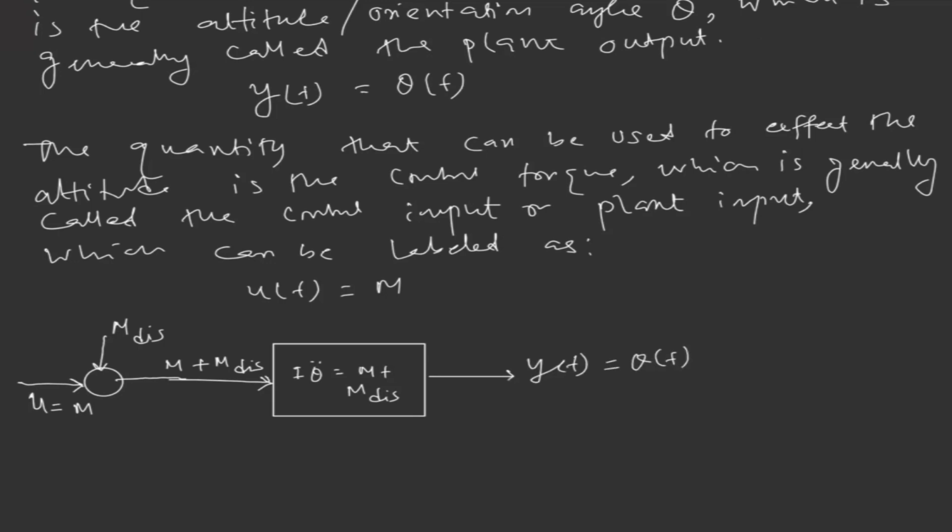So this is how we can design in block diagram form. Now we have to design a controller u, which will regulate the system and help us maintain our desired attitude.